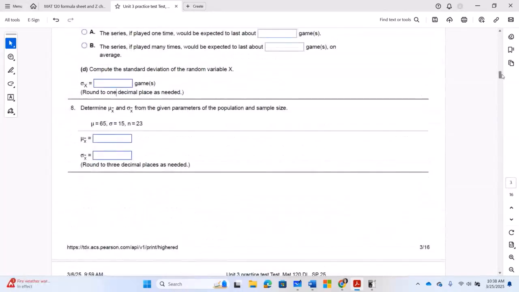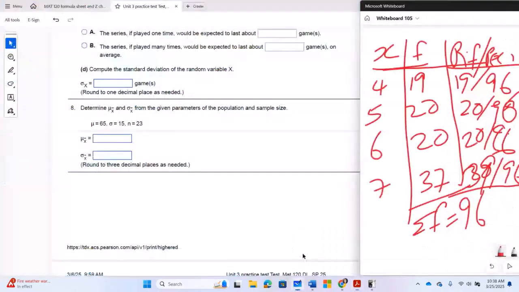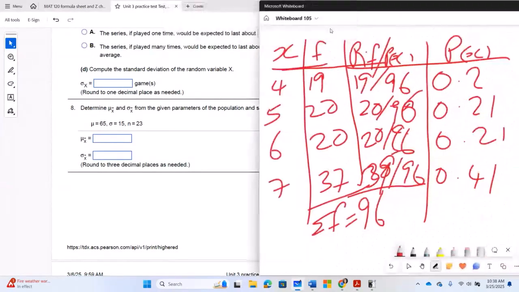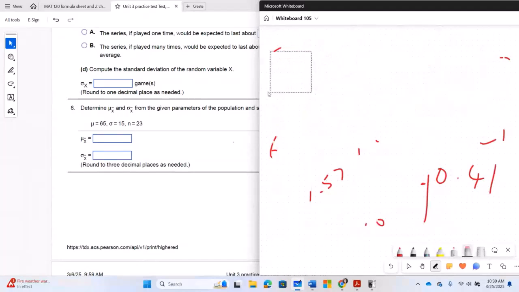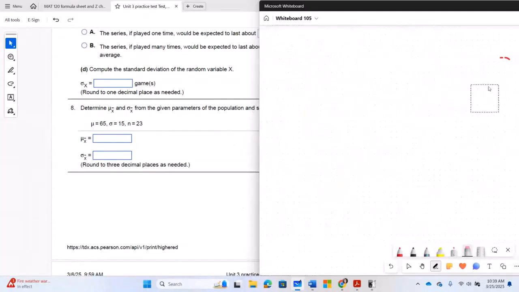Okay, so number 8, central limit theorem. The question here is asking us, so let me clean some parts of this whiteboard. The question here is, find the mu x bar, which is the mean of central limit theorem, and the standard error.